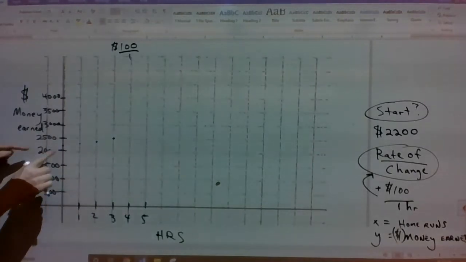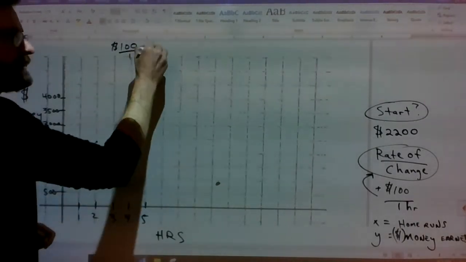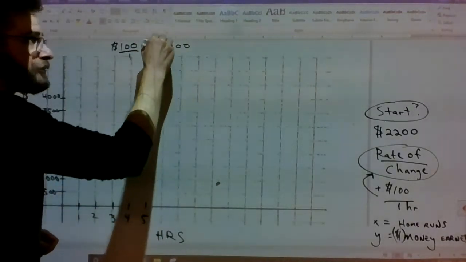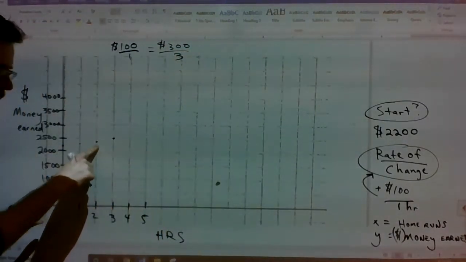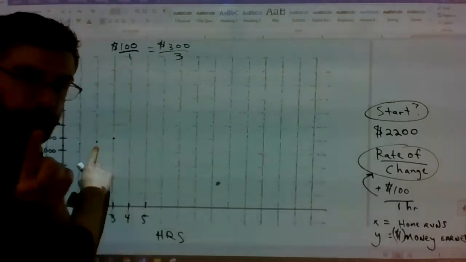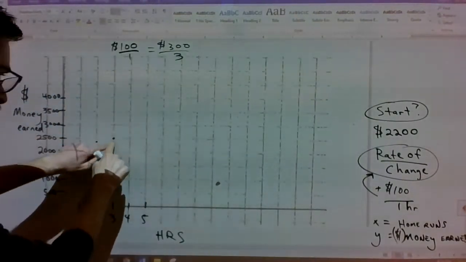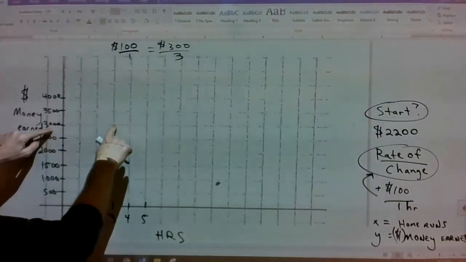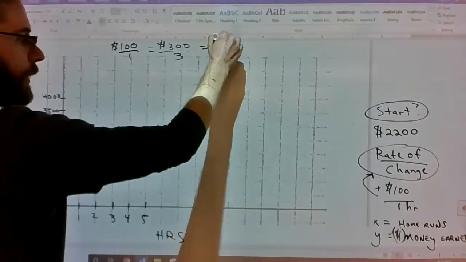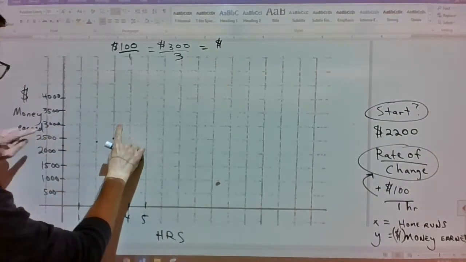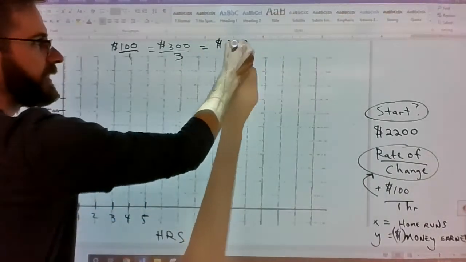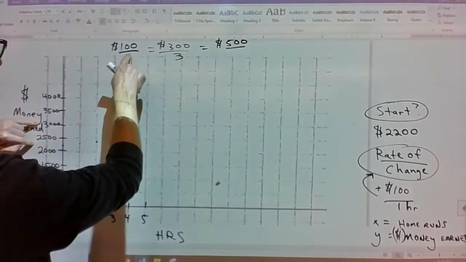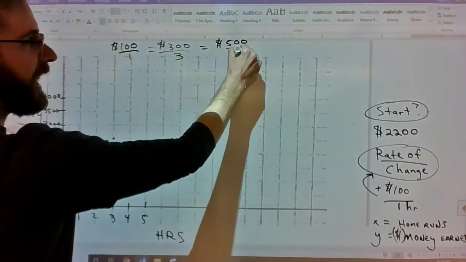Well, I could have gone up 300 and then just write 3 units and not had to plot either of these points. Furthermore, if I want to just get to the next block, that's the same as going up 500 units to get from 2,500 to 3,000. And then we need to make it 100, 5, right?